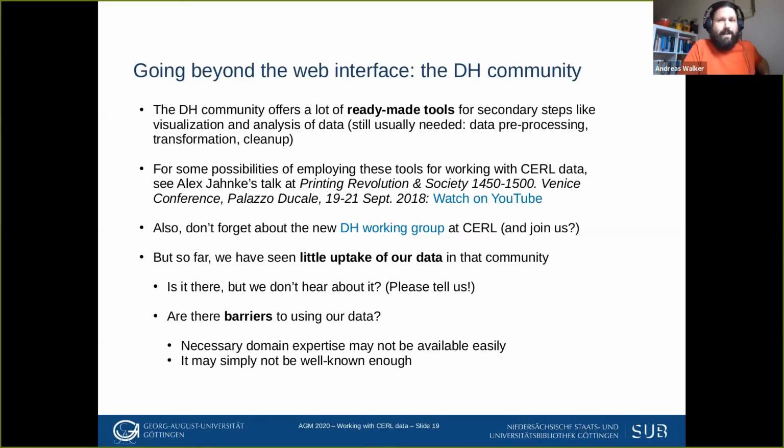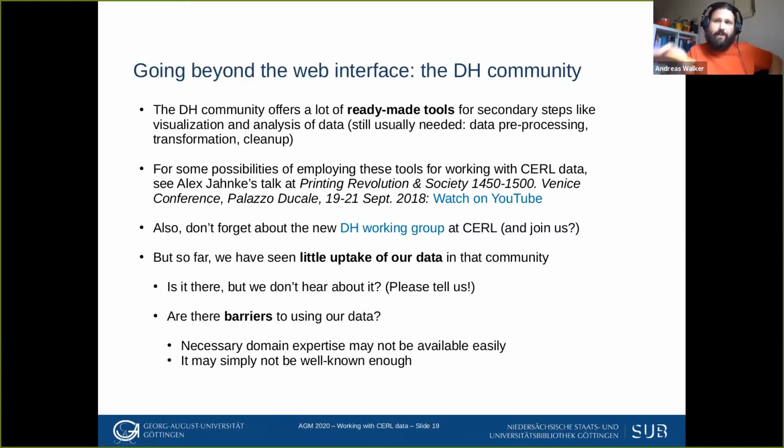Now, the first one is that, as I said before, it's a very specific set of data that we have, and it requires quite a fair bit of domain expertise to work with it, to understand what kind of data is in the databases, what its limitations are, starting with simple things like, why do we have separate printer records and person records in the Thesaurus, which for some of you is probably a non-question, but for other people it might be like, yes, why?